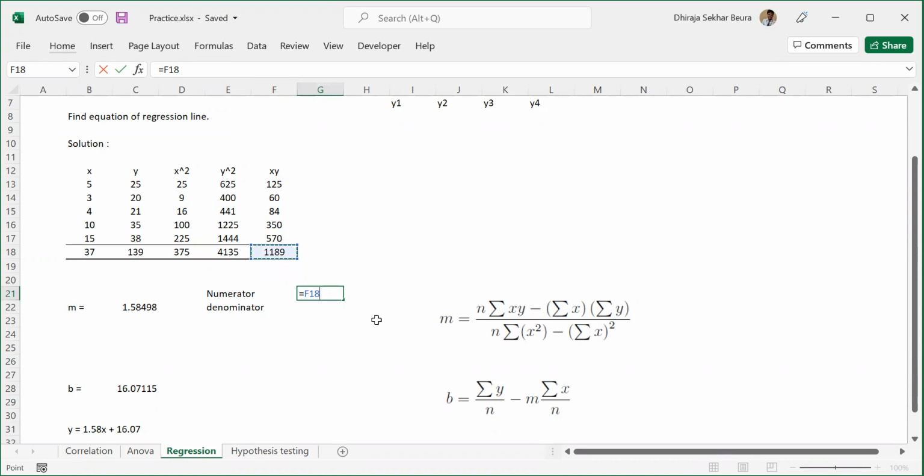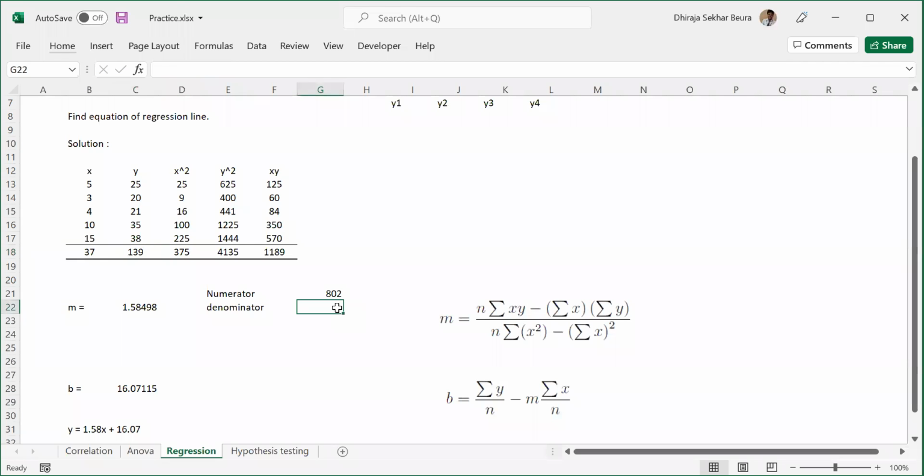How many items are there? 5, right? 5 items for each of those groups. You multiply n with it and you deduct the multiplication of the summation of the first one and the second one. What did I say? You take the last column total, multiply n with it, and deduct the multiplication of the summation of first and second. That is your numerator.